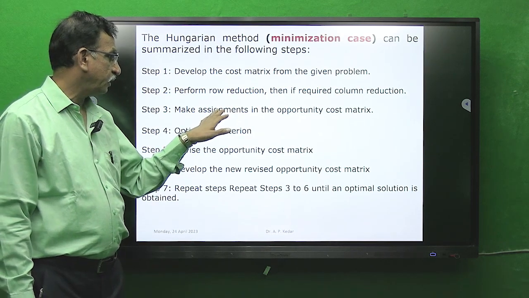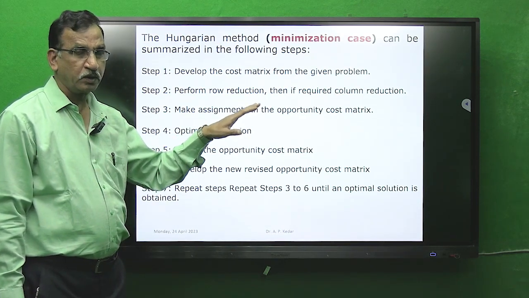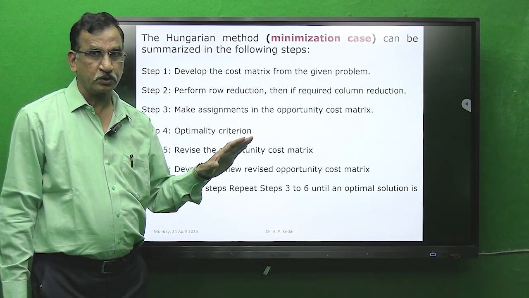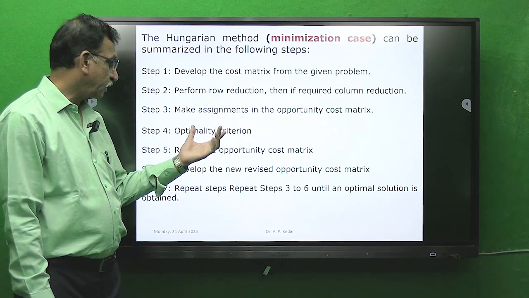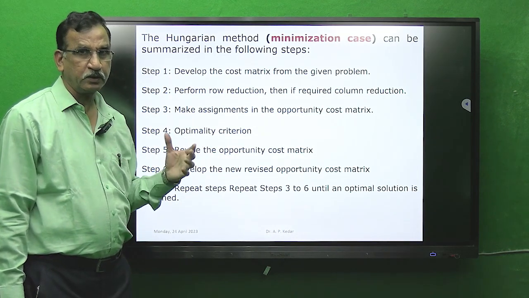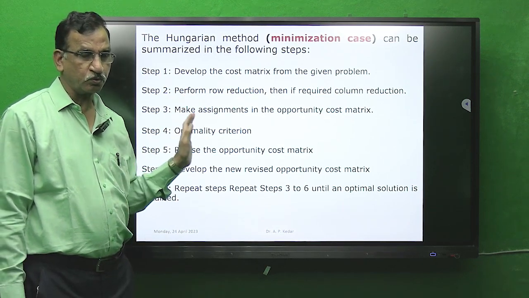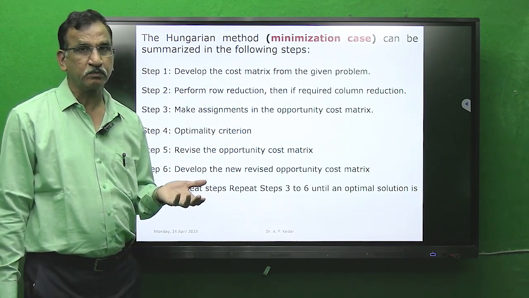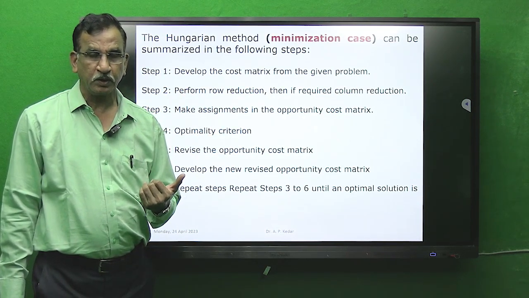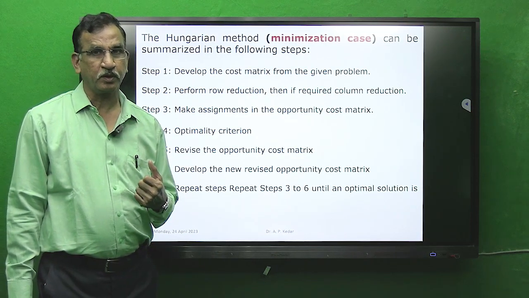Then assignments in particular zero cost cells, assigning zero cost to the various cells row wise and column wise, and testing whether the solution which we arrived at that point of time is optimal or not.